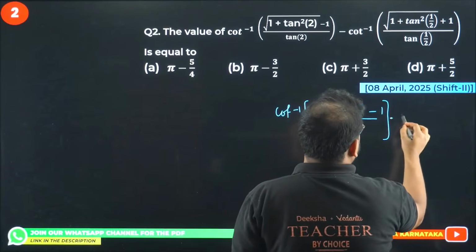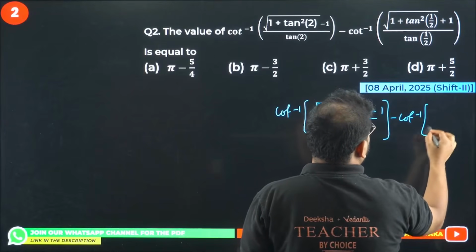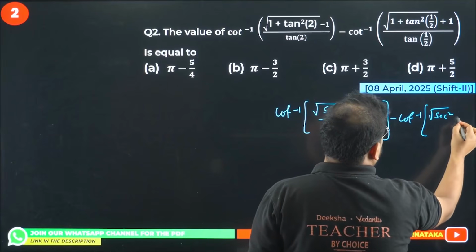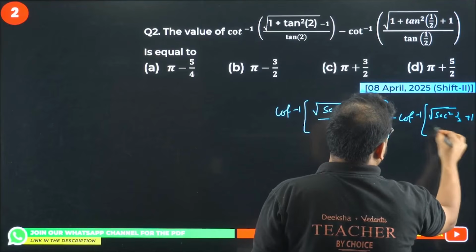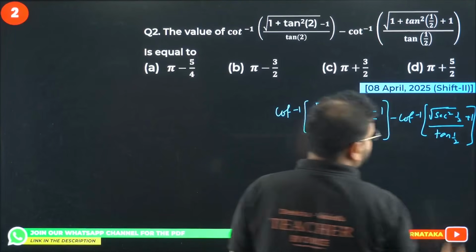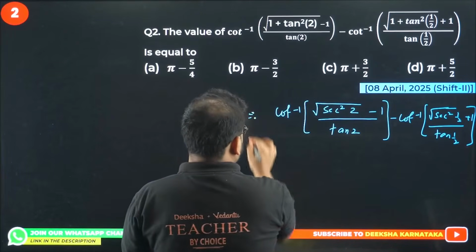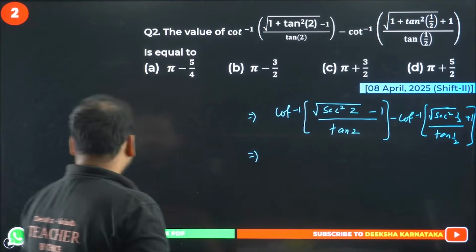So I have again minus cot inverse, and this time again I'll have a root of sec square 1 by 2, plus 1 divided by tan 1 by 2, right? Okay. So let's carry on. Let us carry on what we have.